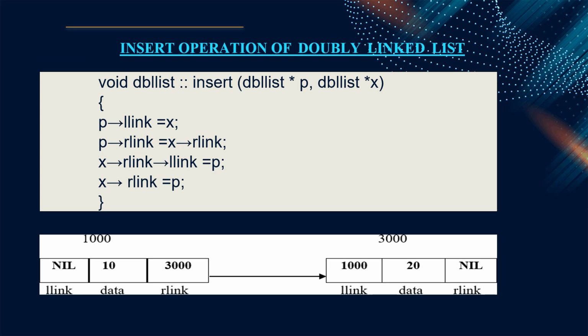Finally, the right link of X is updated to point to the newly inserted node P. This operation inserts node P after node X while maintaining the doubly linked list structure, which is depicted in the diagram given below.